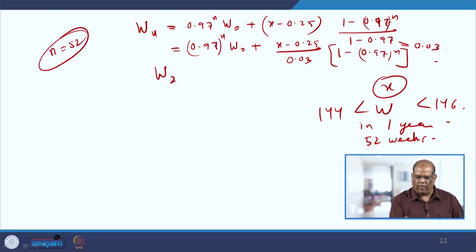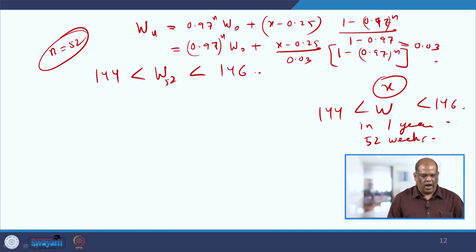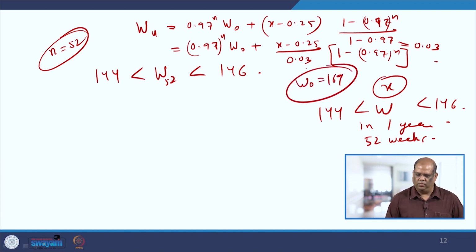So, I have to find the value of x such that the weight in 52 weeks must lie between 144 and 146 pounds. And the initial value of the weight W0 was 169 pounds.